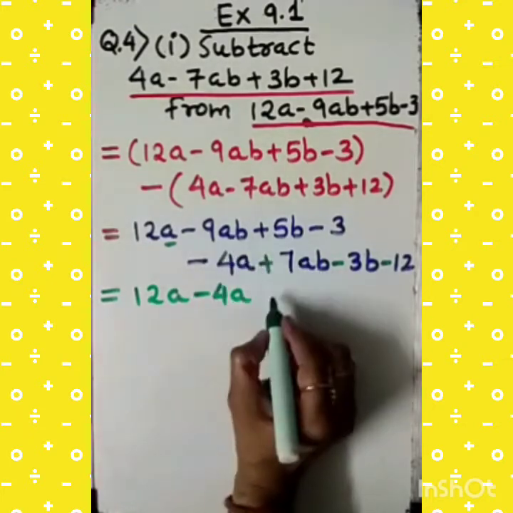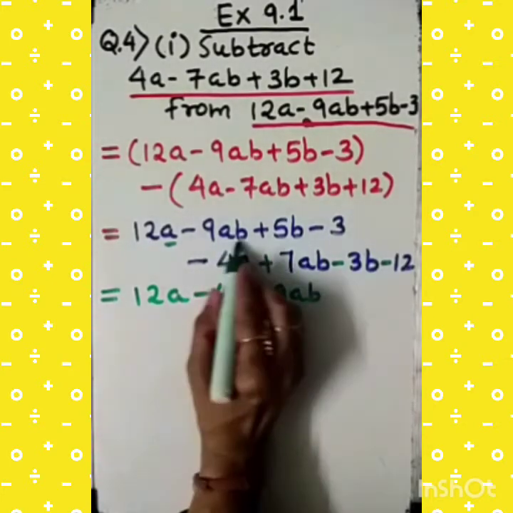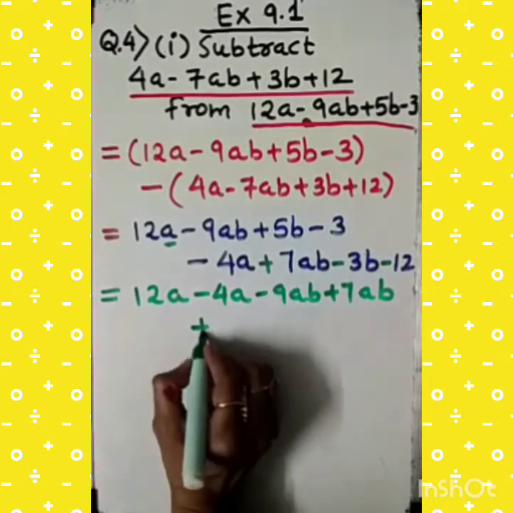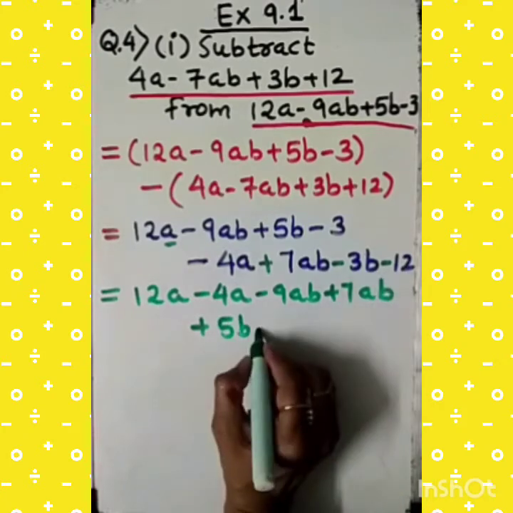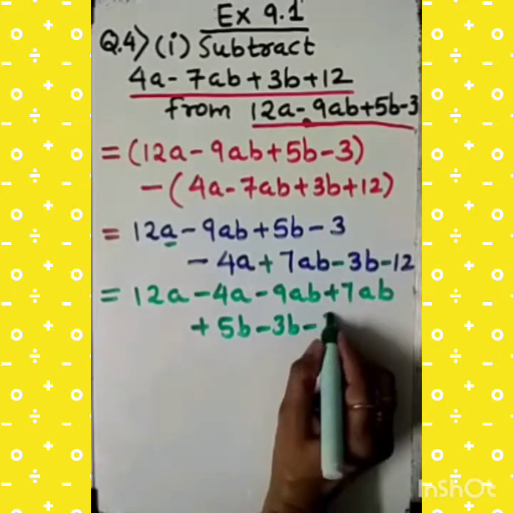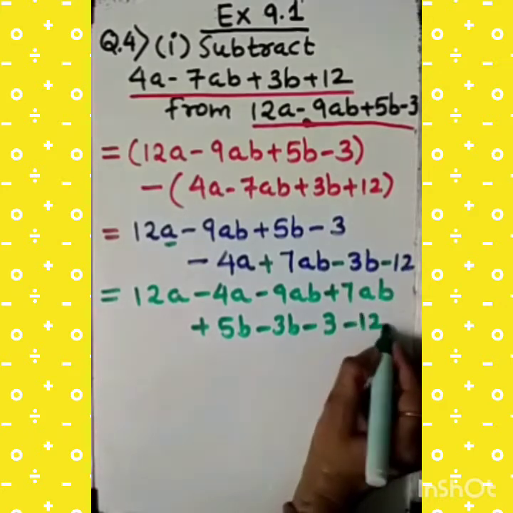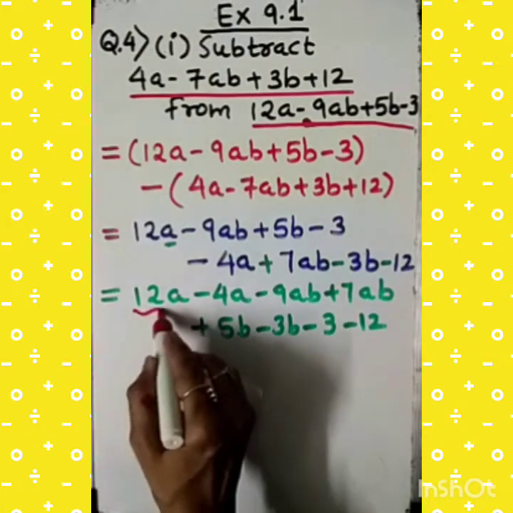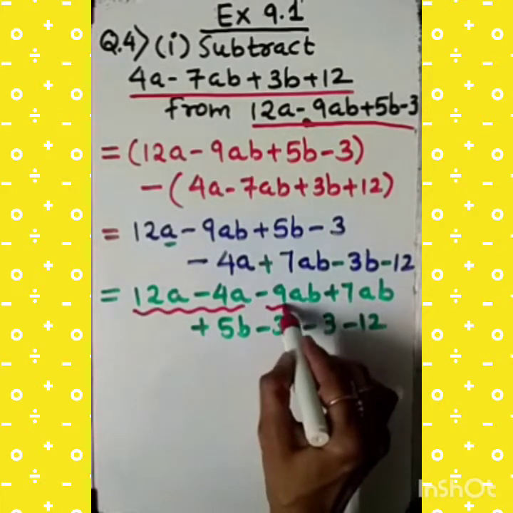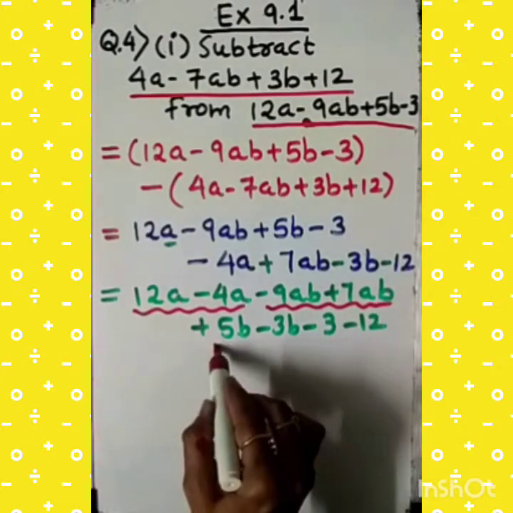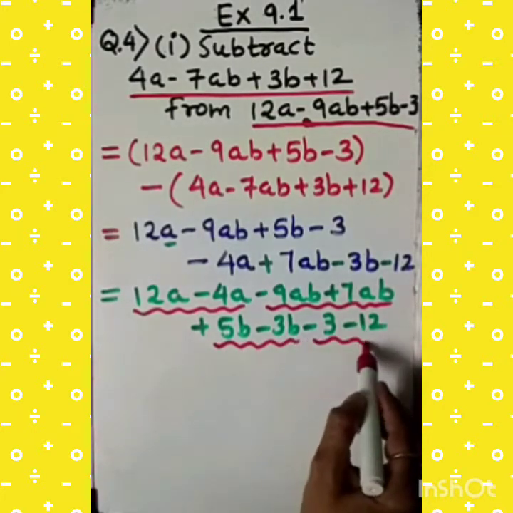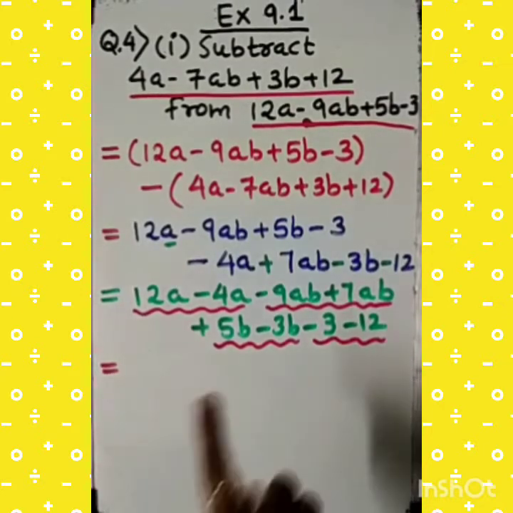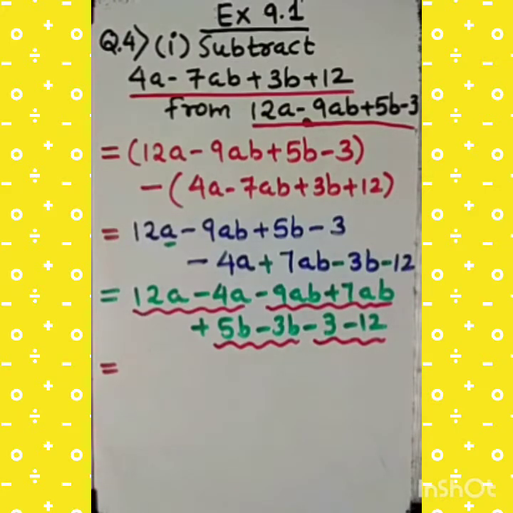Then minus 9ab, and similar to it is 7ab. Then 5b, minus 3b. Then minus 3 and minus 12. This is the technique with which we write like terms together along with the sign. Be careful about the sign while copying down, don't change the sign by mistake. Whatever the sign in the previous step, we repeat the same.